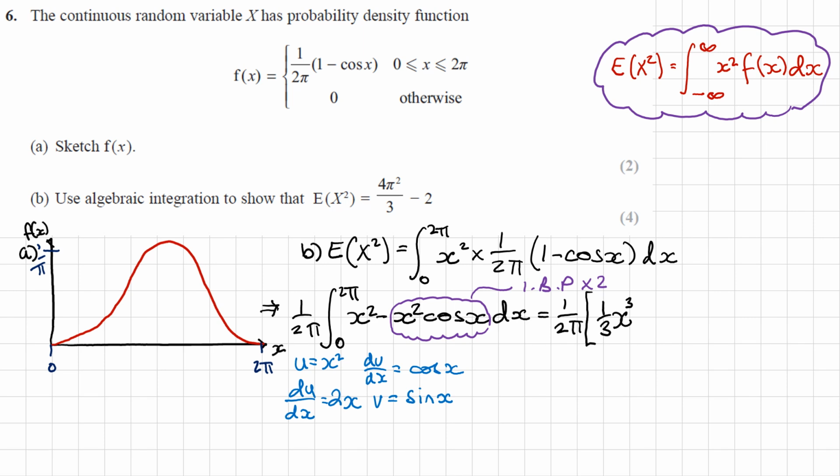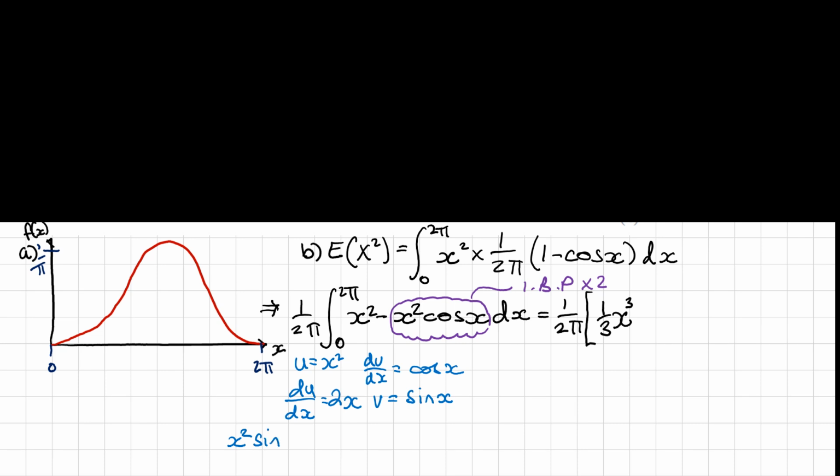So integration by parts once will give me uv, so x squared sine x, minus the integral of v du dx, so that's these two put together, so 2x sine x. Okay, so I need to do integration by parts to work out this part of my answer.